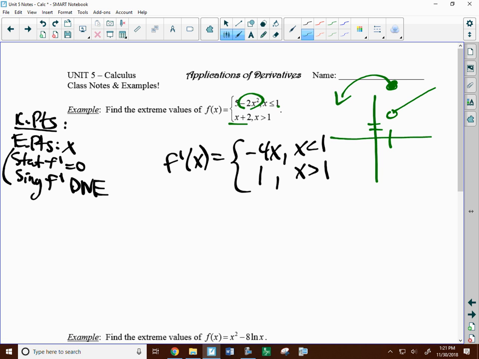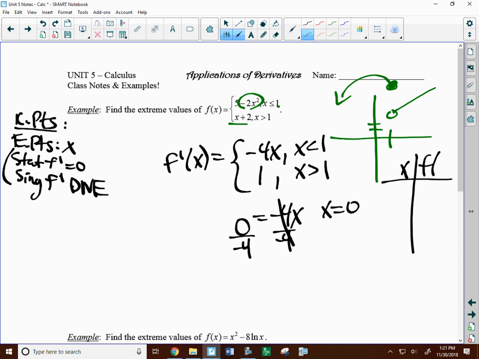Alright, so from that, I need to set each of them equal to 0 and see if it gives me any critical points. The first one, I set 0 equal to negative 4x. Divide by negative 4, 0 over negative 4, I get x equals 0. So I'm just going to make my table.